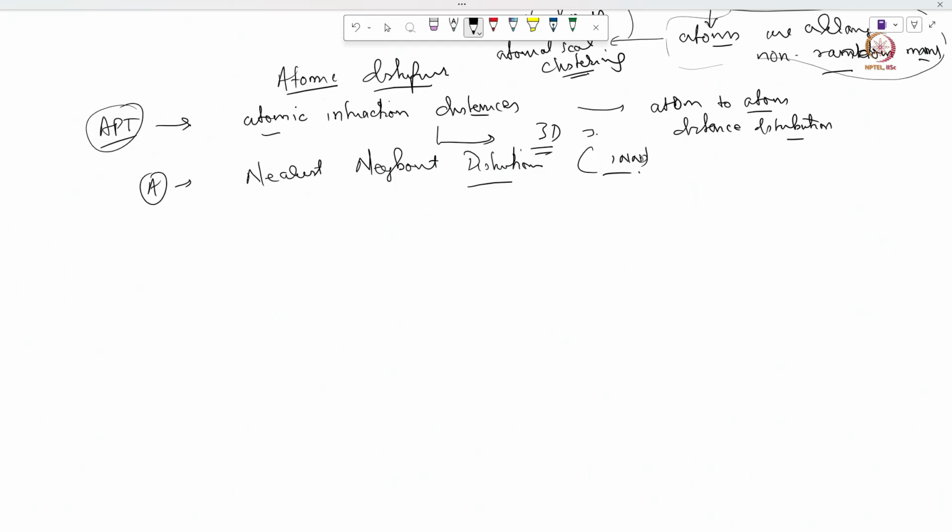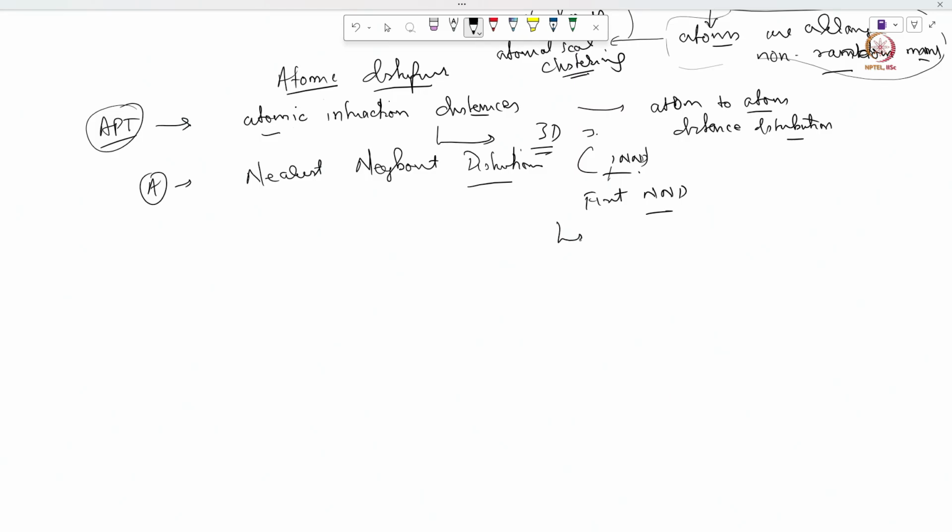Correct? So this is the most fundamental study where you can get the atomic distance with the APT reconstruction. Okay, so this is the nearest first. So 1 corresponds to first nearest neighbor distribution.